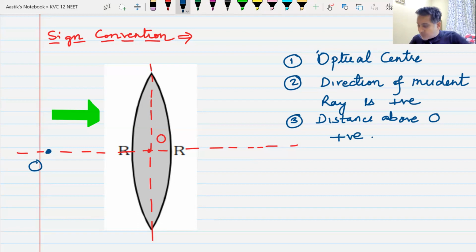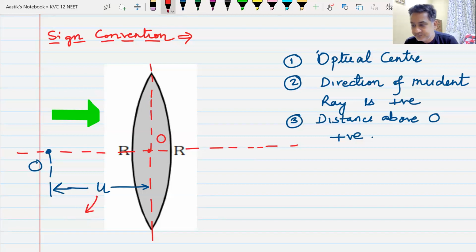Okay, now let us apply this sign convention on this diagram. The distance of the object is known as u. Will u be positive or negative here in this case that I've drawn? Negative.